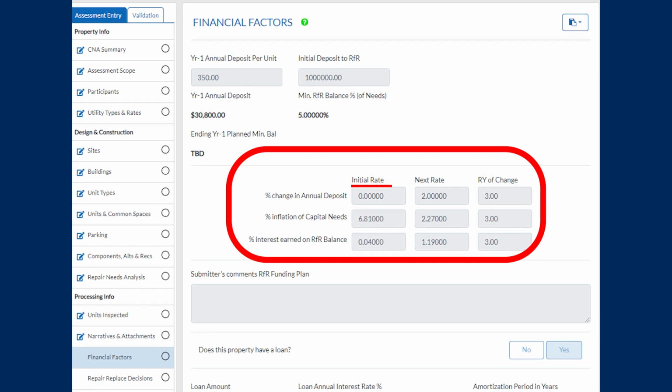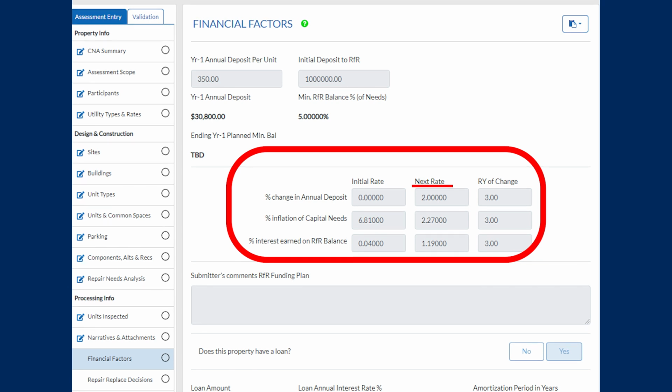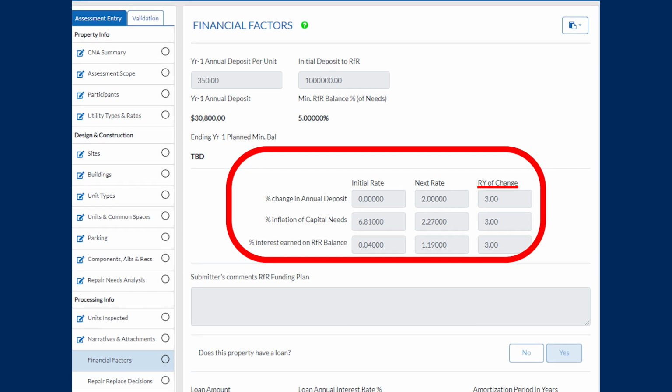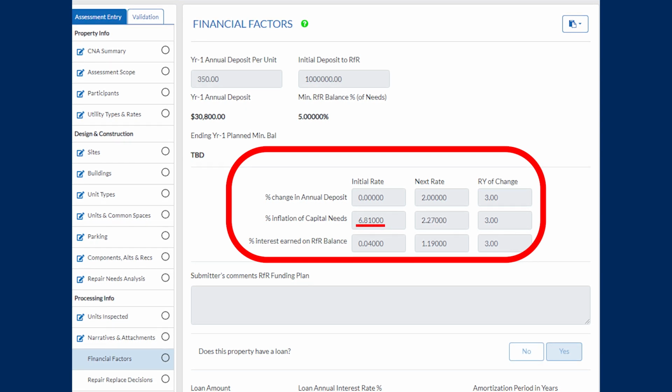Under the Initial Rate column, you are asked to provide the initial rates at the time the CNA is being prepared. If you anticipate that these percentages will change in the future, then you will enter the next rate. Then, under RY, or Relevant Year of Change, you will enter the year in which you think the change will occur. Let's say that based on current sources, you decide to enter an initial inflation of capital needs percentage of 6.81% per year.